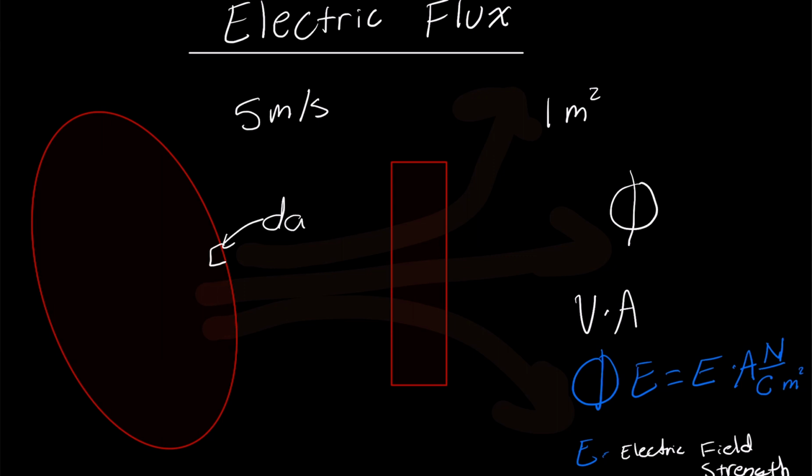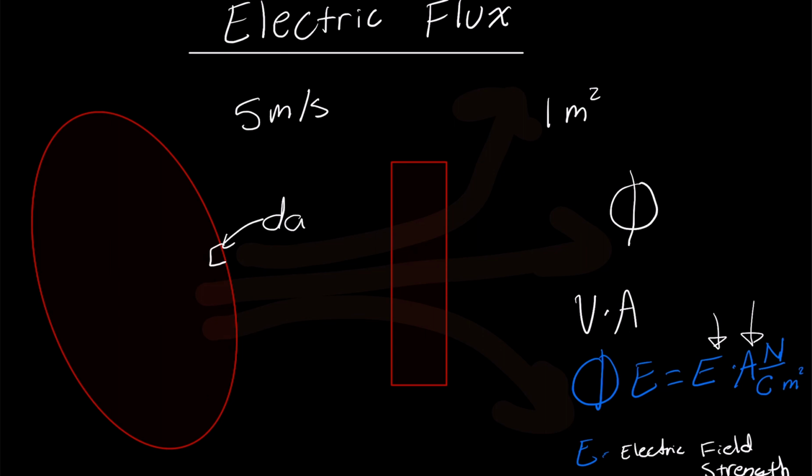Okay? So this has an electric field strength of E. So now to be able to calculate the flux in this tiny little square, we use the same formula that we previously used, okay? So that tiny flux is the electric field at that point times the small area of the square, okay? So once again, we have here the electric field strength and the tiny area of the square, okay?